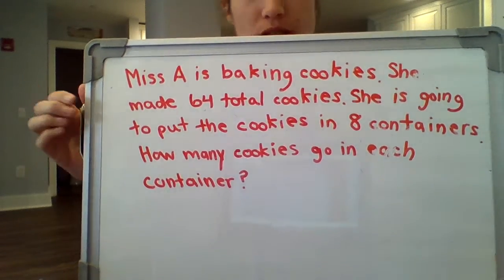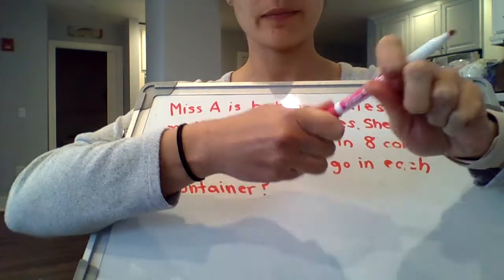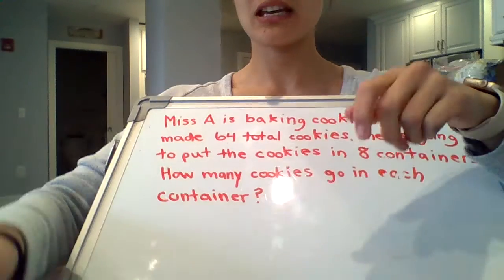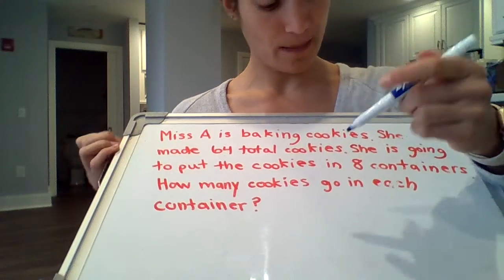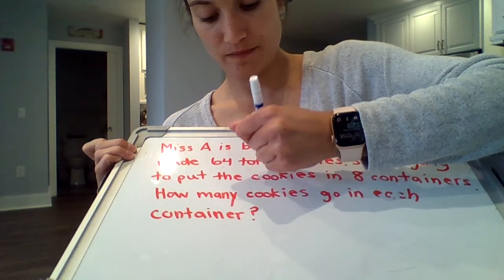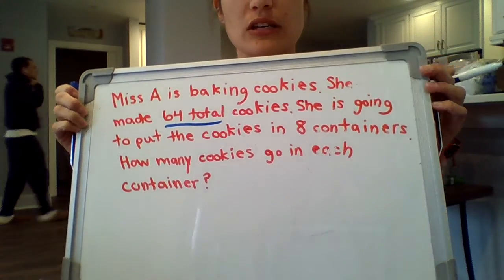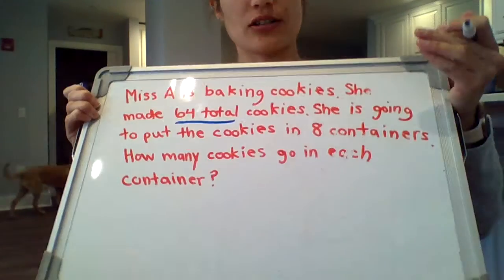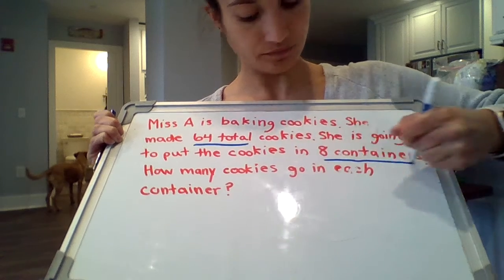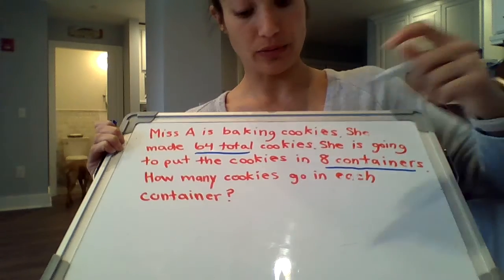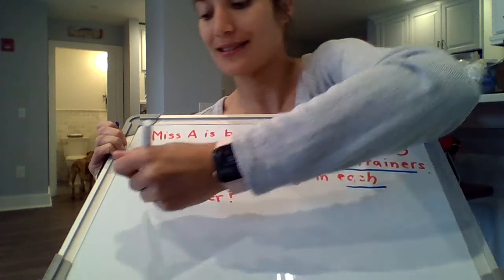What information is important here? What will help you solve? Are you thinking the total of 64? Then you are right. She is going to put the cookies in 8 containers. That's also important, right? How many cookies go in each container?